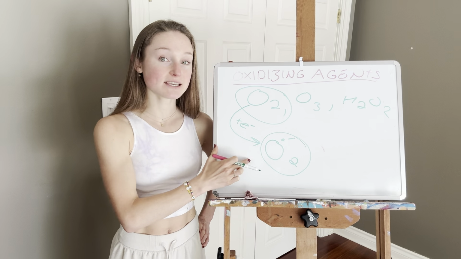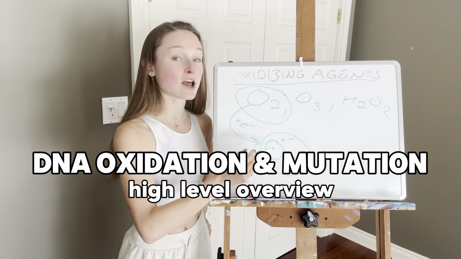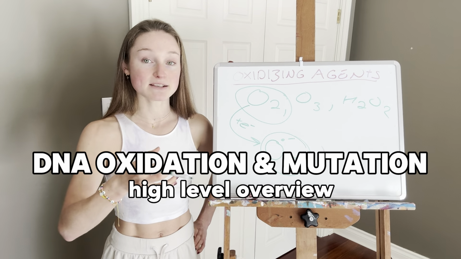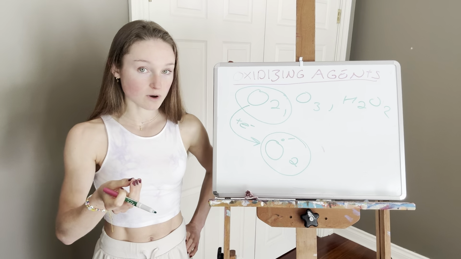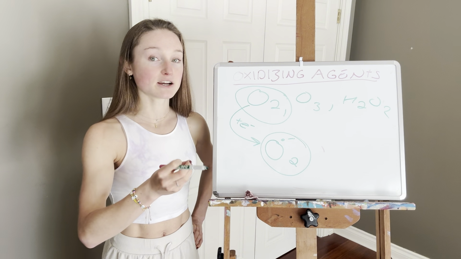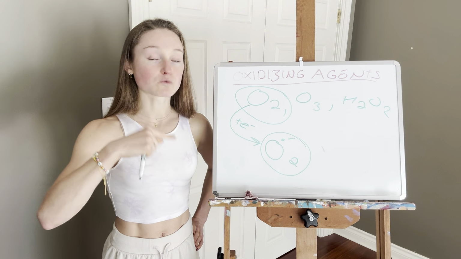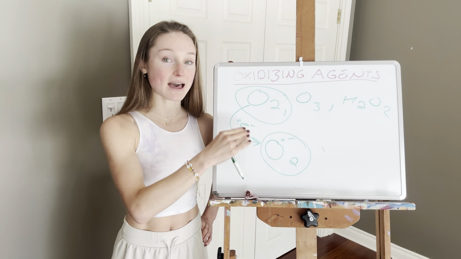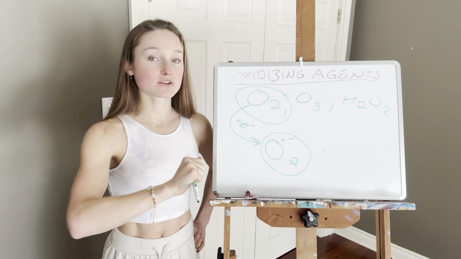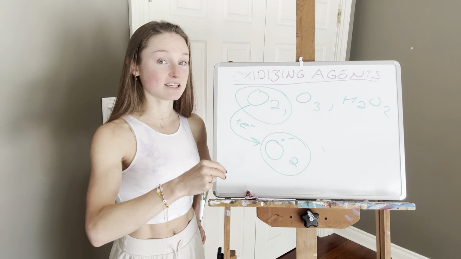It specifically can be oxidizing DNA. So superoxide anion can oxidize the DNA-based guanine and damage it, turn it into 8-oxoguanine. 8-oxoguanine pairs with adenine instead of cytosine, and if that cell replicates DNA with the oxidized guanine pairing with adenine, one of those daughter cells is going to be mutated with an AT pair instead of a CG pair.